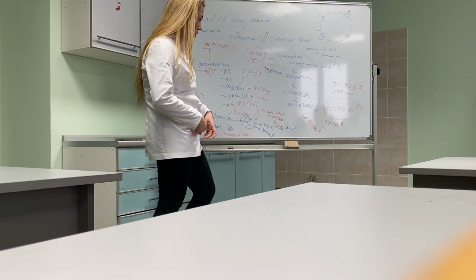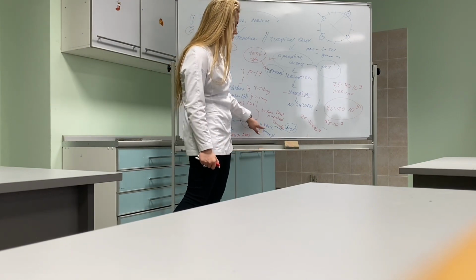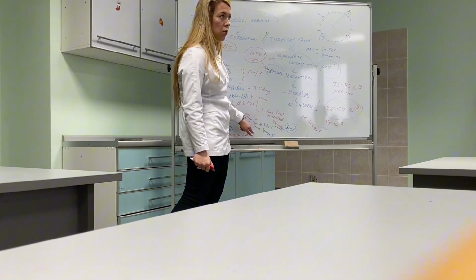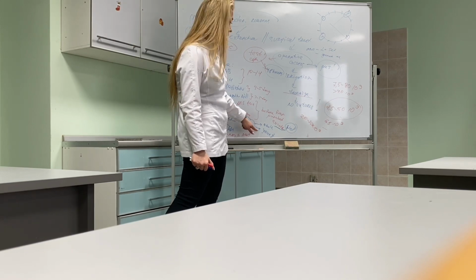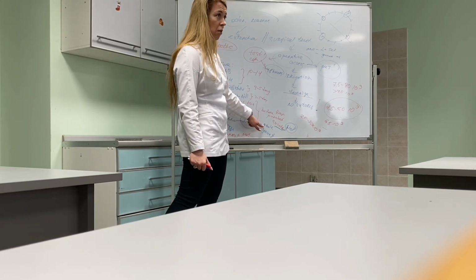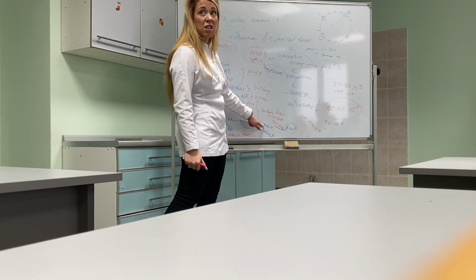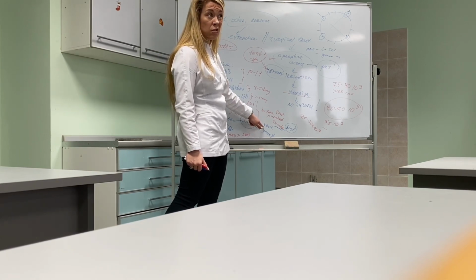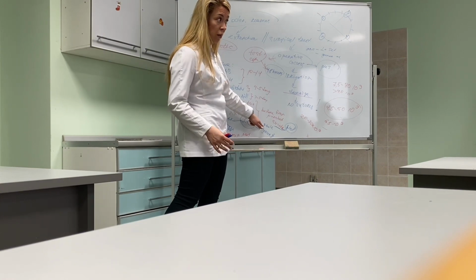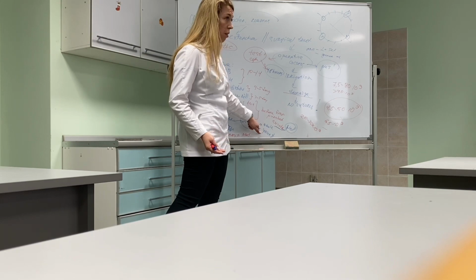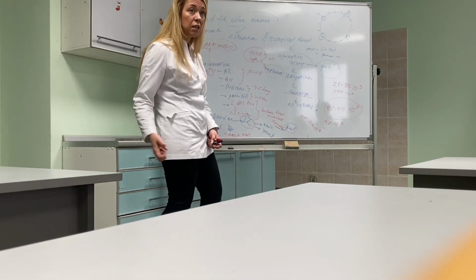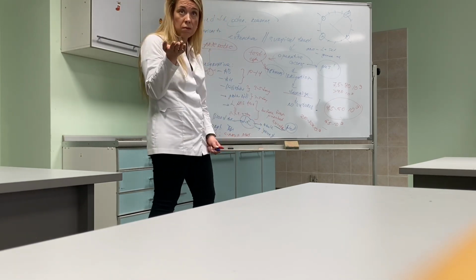We need to understand which cells prevail inside the leukocytosis. Because if there are more adult cells, the patient has cancer. A tumor changes the blood production. No young cells, because the cancer eats the young cells, you know it.